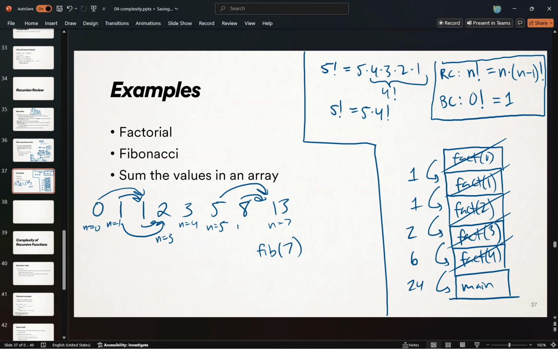N equals 6. Do you see how you could use smaller versions, if this is a call to the function that gives you back that Fibonacci number? Do you see how you could call with smaller inputs to build this answer? What is it but the 6th Fibonacci number plus the 5th Fibonacci number? So fib of 7 is equal to fib of 5 plus fib of 6, in any order.